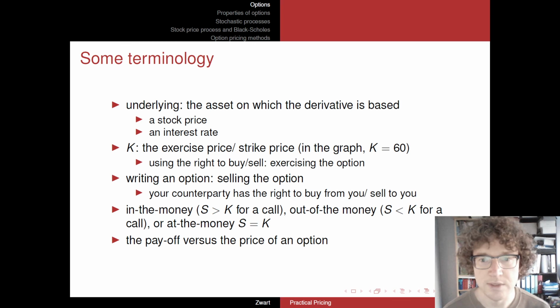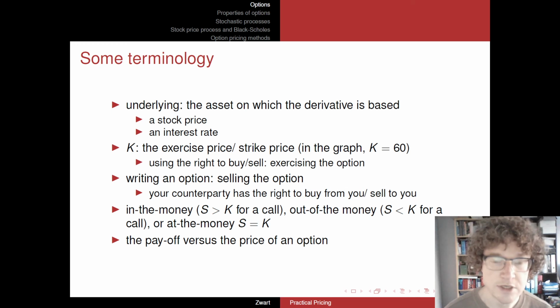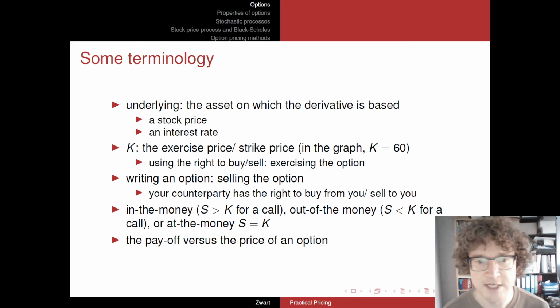So S smaller than K is called out of the money for a call option. Of course, if it's a put option, that would be precisely vice versa. The last terminology is for when the stock price is worth exactly the same as the exercise price. This knife-edge case is called at the money.